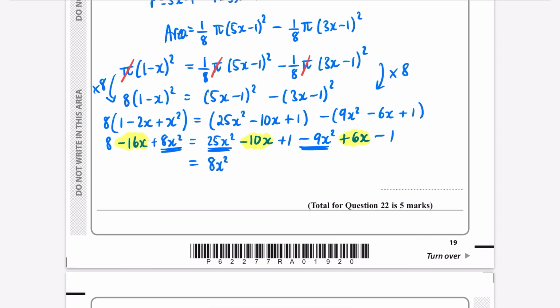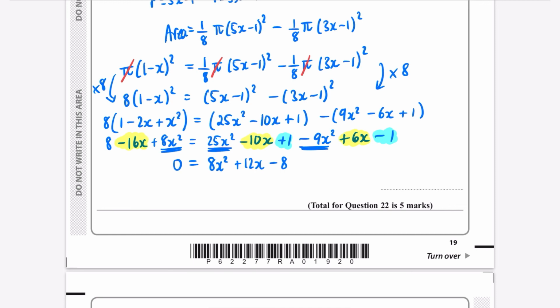But I'm going to add 16. So I'm going to be doing minus 4, add 16, that's going to give me 12x. Then all I need to do is with the constant terms that we've got here. So I have a 1, take away 1, well they cancel, and I just need to subtract this 8 as well, so I get subtract 8. And that is equal to 0.